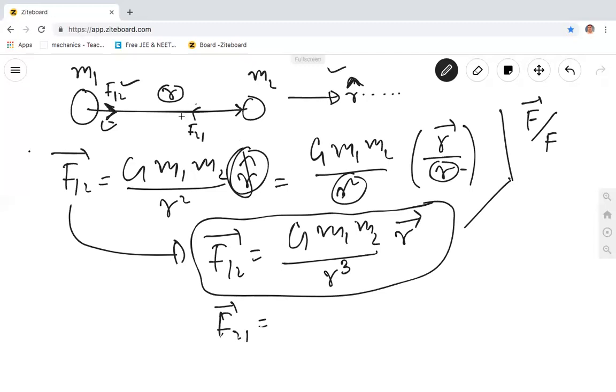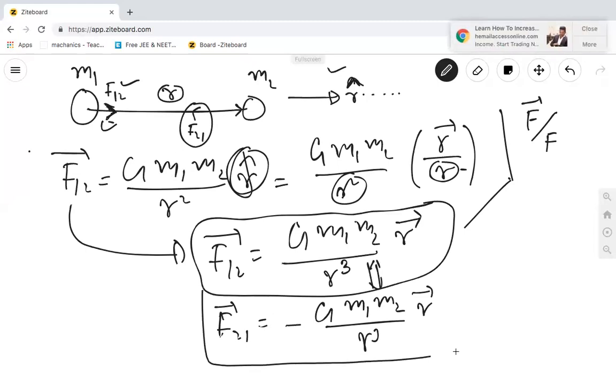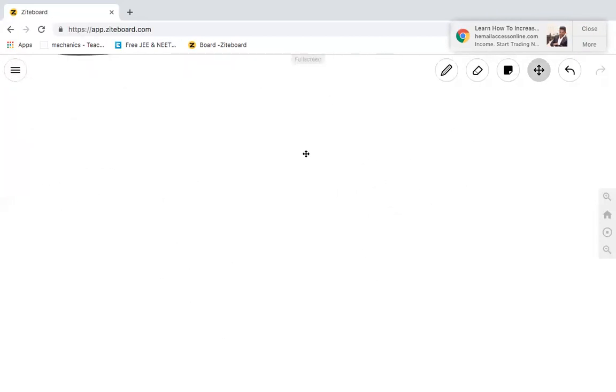That's minus r unit vector, M1 M2 by r squared. Or you can write r cube with the r vector. Same thing, but with a negative sign. This is what you call Newton's law of gravitation, the force between two objects.